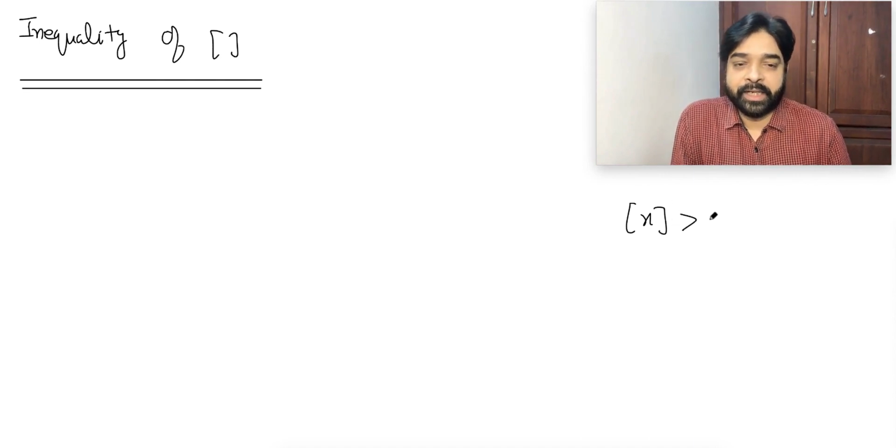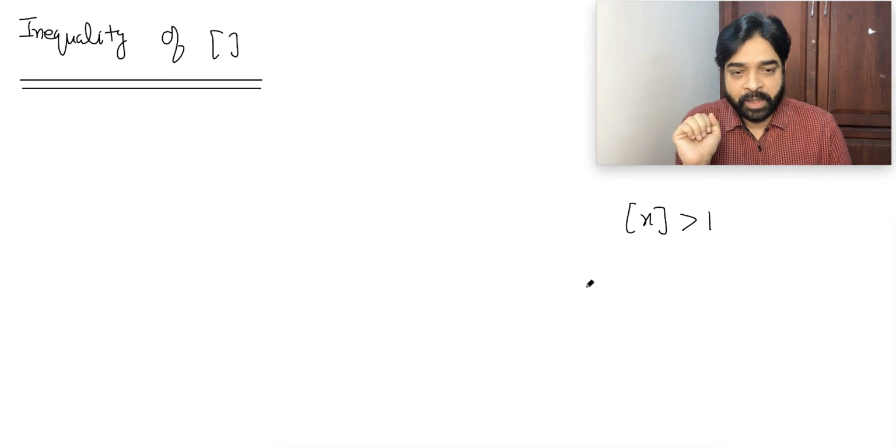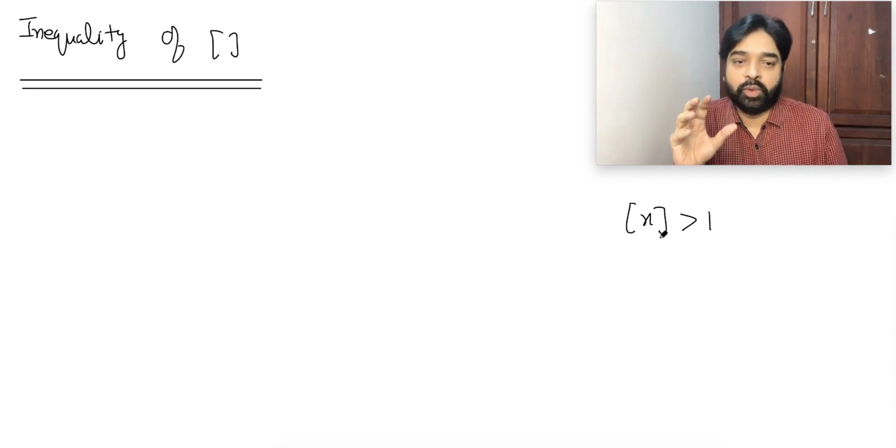Suppose I say greatest integer of x is greater than 1. Think carefully. So what is the meaning? It means greatest integer of x may be 2, maybe 3, maybe 4, because it cannot be 1.2. So it will be 1, 2, 3, 4, and so on.